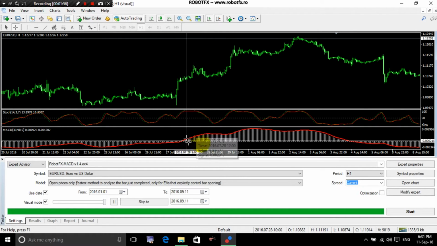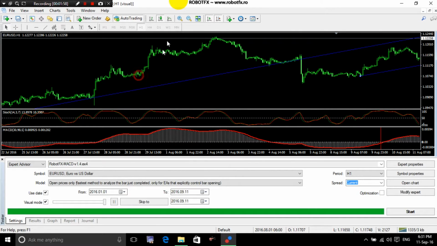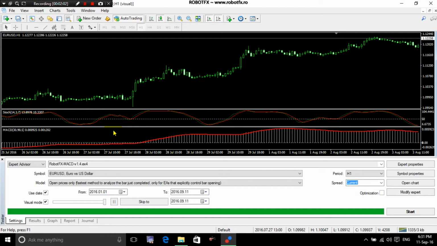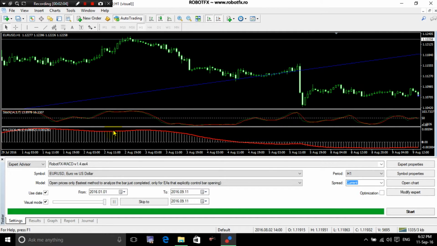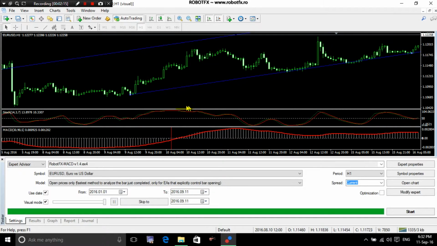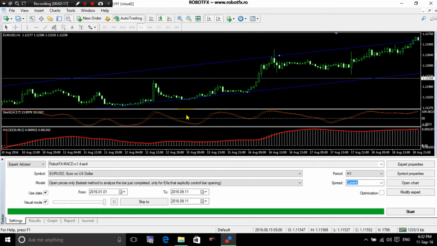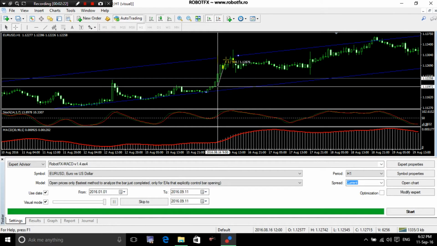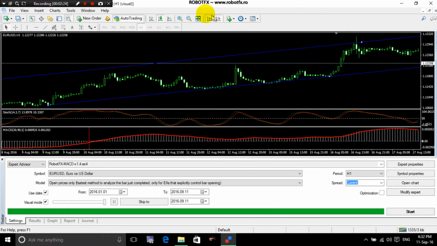Here I think, I cannot clearly see on, well, this is the history strategy tester, and we shouldn't rely only on this, we should rely on demo. And opposite for the sell, basically here, somewhere here, would have been a small winning trade. Here, and who knows where else.